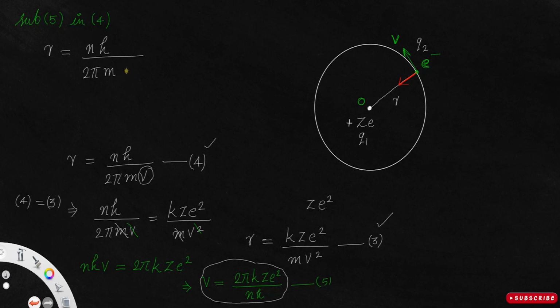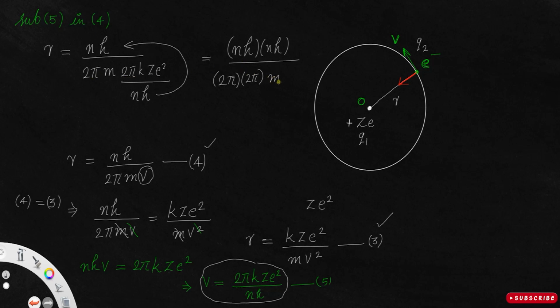So, v will be 2 pi kze square divided by nh. Okay, this nh will move up, so that will be nh into nh divided by, this will be 2 pi into 2 pi, I'm rearranging the denominator, 2 pi into 2 pi m kze square.